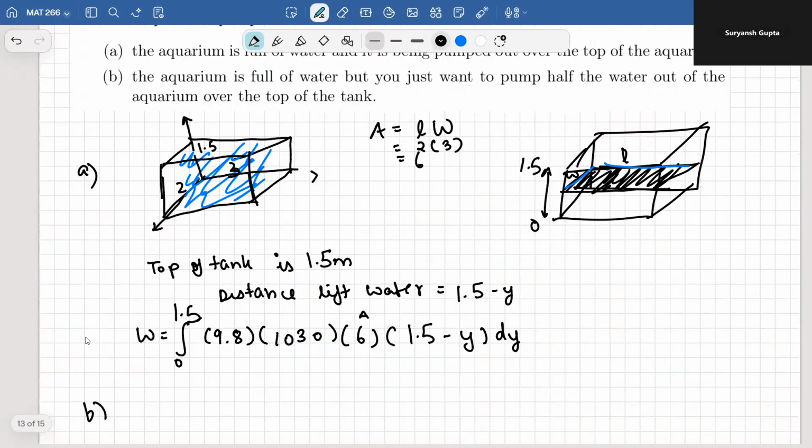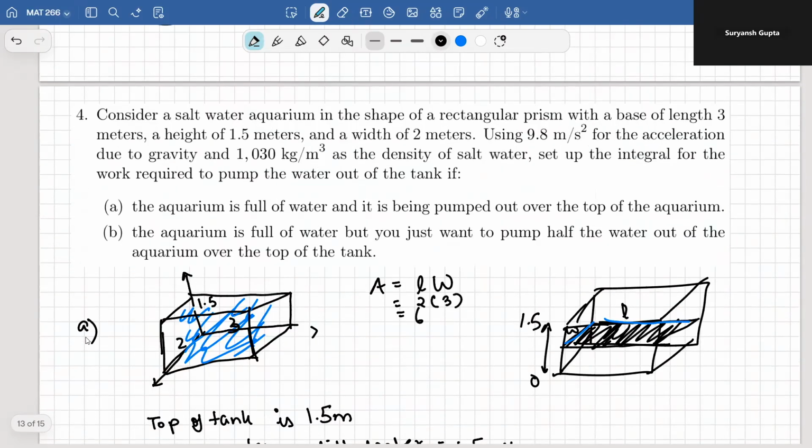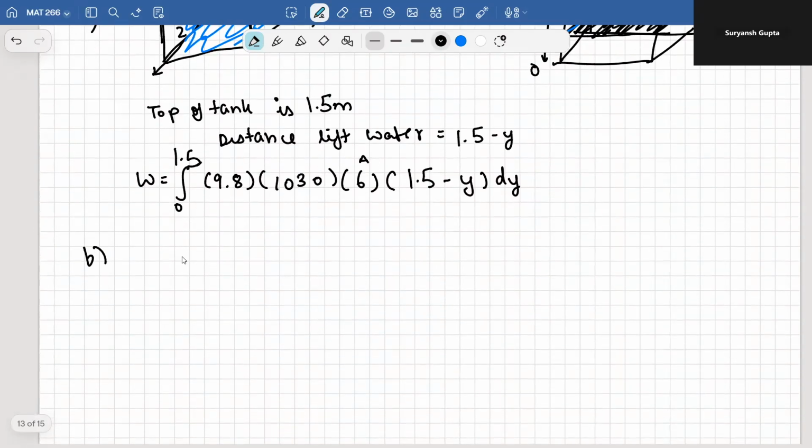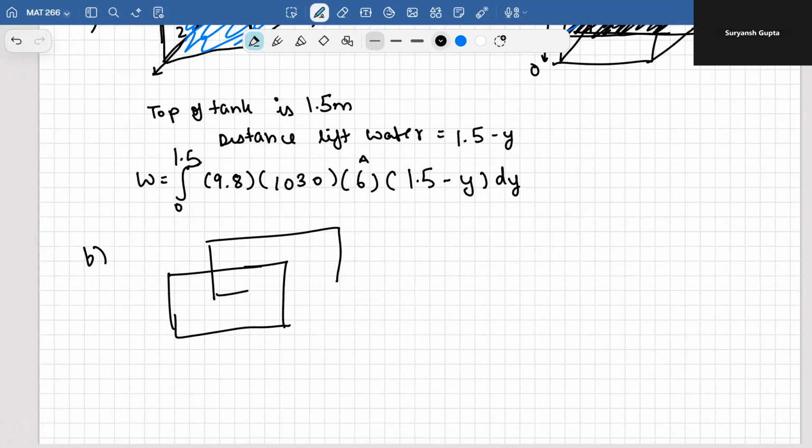For part B, the question states that it is asking for the work done only for pumping half the water out over the top of the tank. So if I draw my rectangular prism again, it's only looking for the top half of the water.